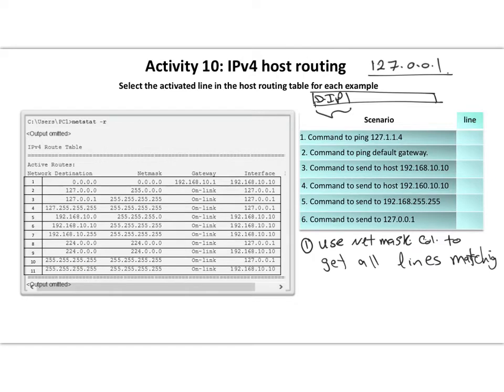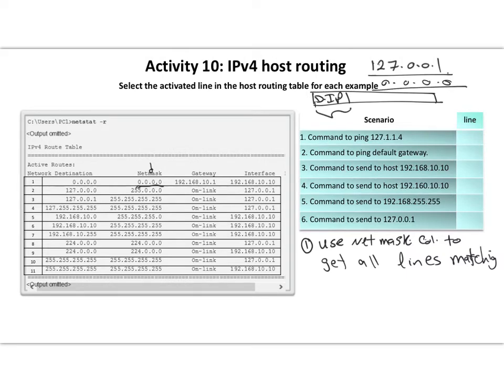For example, if we use the destination address 127, we will apply the net mask to this address. Of course, these addresses are by default binary, so I assume that you can convert 127 to binary and 0 to binary and so on. The conversion is very easy and straightforward. We apply the first mask, which is 0.0.0.0, and then we do an AND operation.